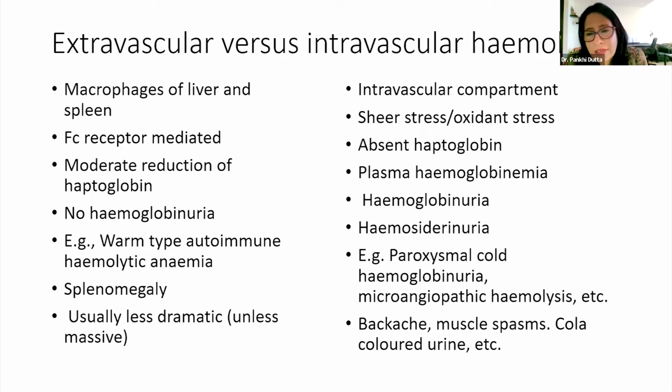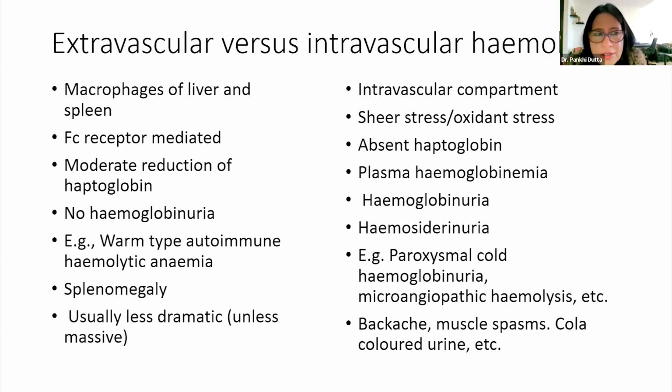While in the intravascular compartment, usually it is because of some mechanical stress or oxidant stress, and because of plasma hemoglobinemia, haptoglobin is immediately used up. So it would be very low or absent. Hemoglobinuria or hemosiderinuria would not occur when there is only extravascular hemolysis. If there is massive extravascular hemolysis, some amount can spill over into the intravascular compartment, but primarily these would not occur.